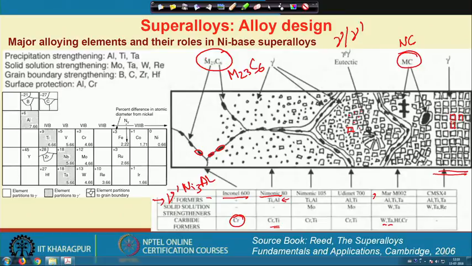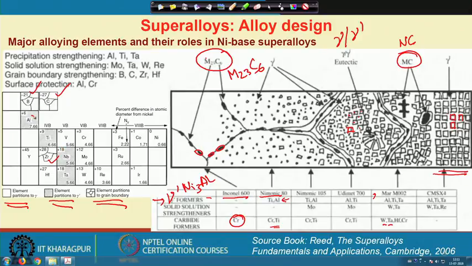So, we understood that there are elements that need to be partitioned in gamma, or elements that need to be partitioned in gamma prime, or elements used for the grain boundary like boron, carbon, or zirconium for grain boundary precipitate strengthening.